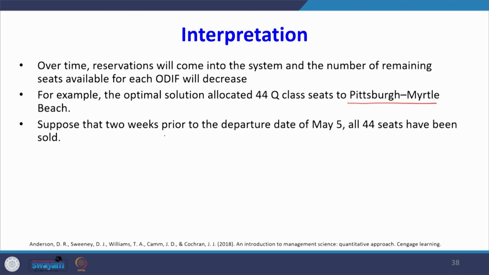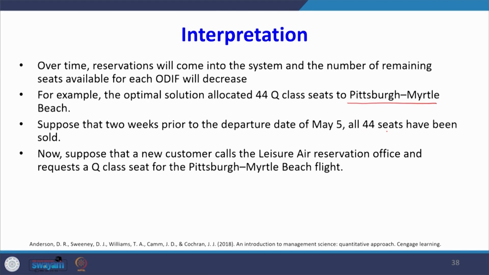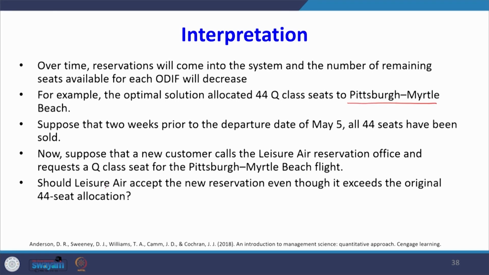Suppose that 2 weeks prior to the departure date on May 5, all 44 seats have been sold. Now, suppose that a new customer calls the Leisure Air reservation office and requests a Q class seat for the Pittsburgh to Myrtle Beach flight. Should Leisure Air accept the new reservation even though it exceeds the original 44 seat allocation?